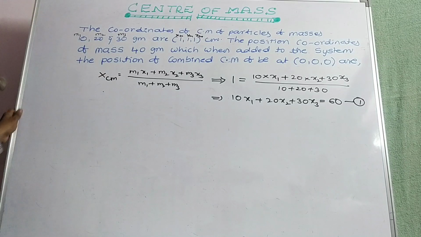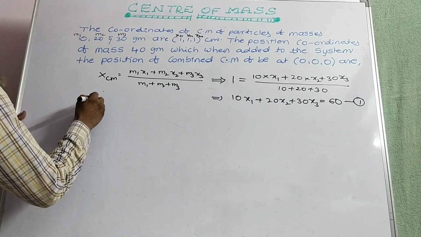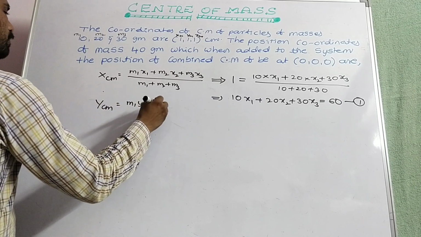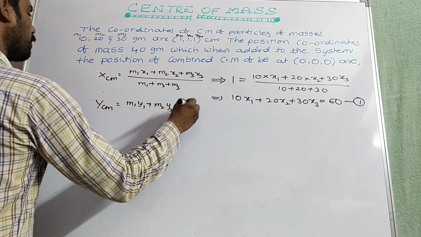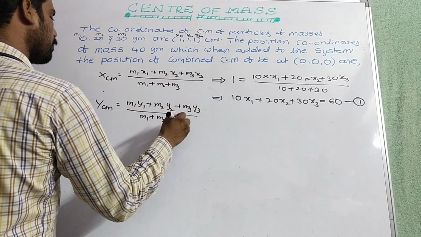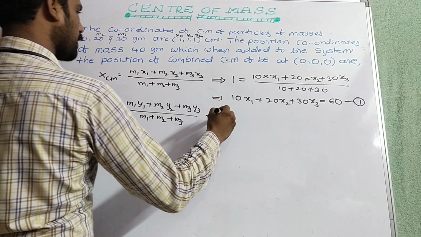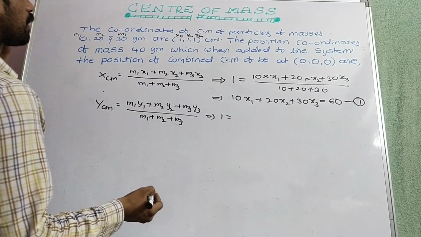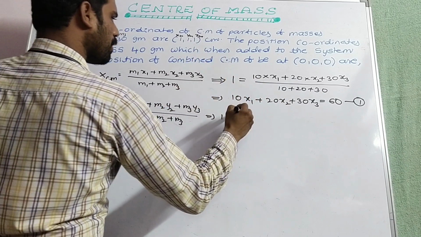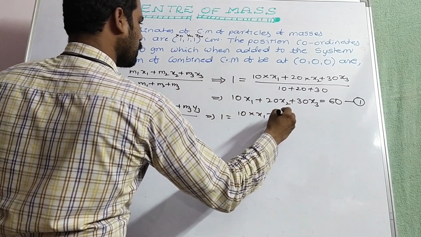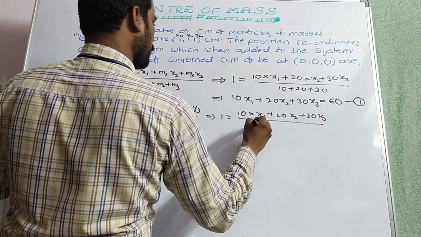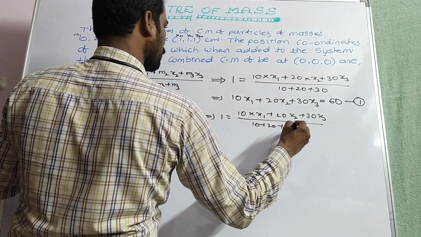Say expression number 1. Now YCM is equal to m1y1 plus m2y2 plus m3y3 by m1 plus m2 plus m3. That implies 1 is equal to, similarly, we get a similar answer: 10y1 plus 20y2 plus 30y3 by 10 plus 20 plus 30.